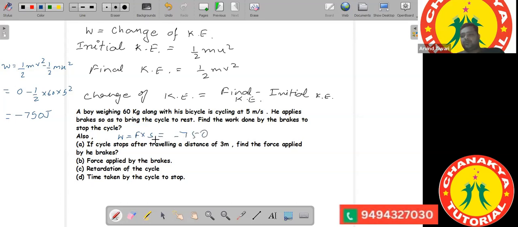So this should be equal to force times displacement. Therefore, force multiplied by displacement, which is 3, should be equal to minus 750. Hence, the force should be equal to minus 250 Newton.